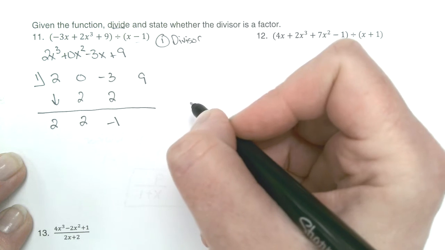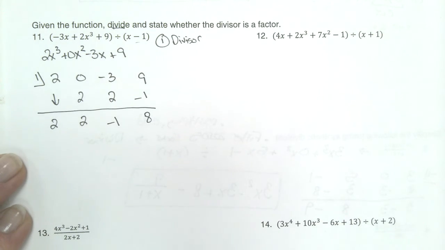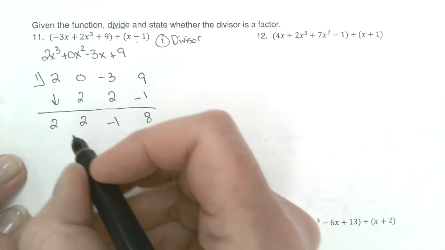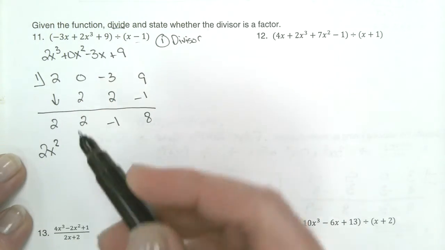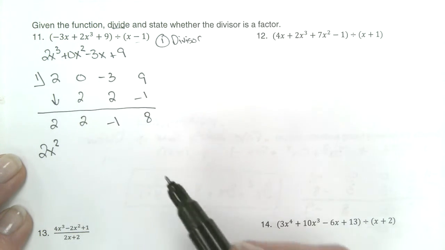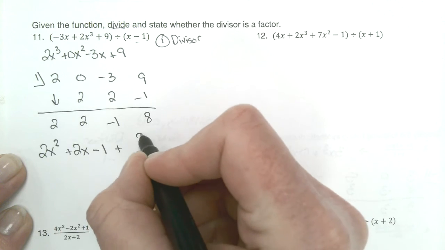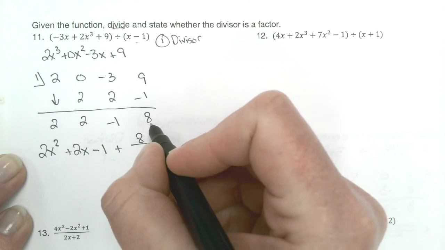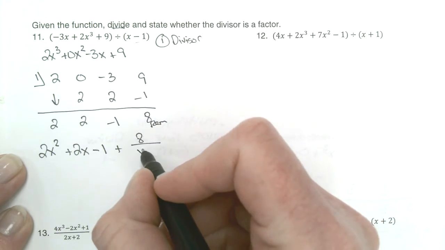Multiply, add, multiply, add. Put your variables in. So I'm going to start 1 degree less than my original problem, plus 2x minus 1, and 8 is my remainder, and so I'm going to write it over my original factor.